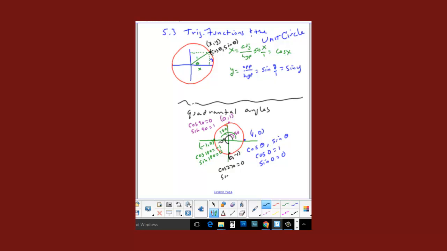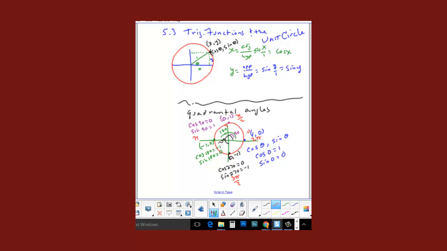Again, cosine goes with the x coordinate, sine goes with the y coordinate. Notice that 270 is also the same thing as negative 90, so we could say that cosine of negative 90 is 0, sine of negative 90 is negative 1. Negative 90 is the same thing as 270.